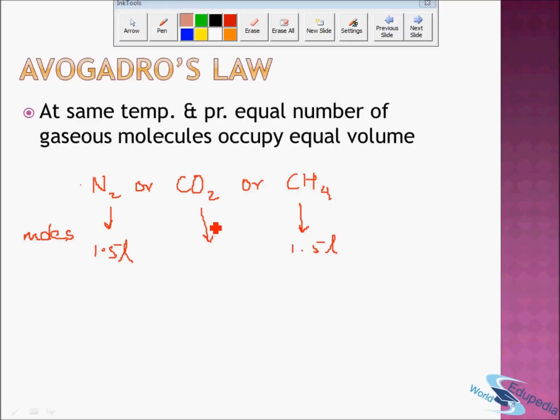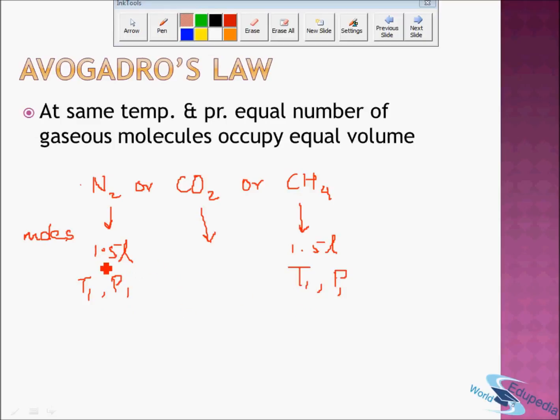What can I say about these two gases? If I have done the measurement at same temperature and pressure, for example, if temperature here was T1 and pressure was P1, similarly the temperature here was also T1 and P1, so I have done both the measurements at same temperature and pressure.